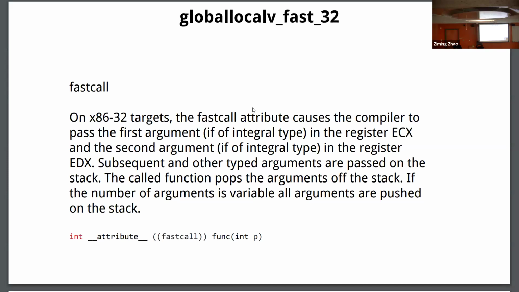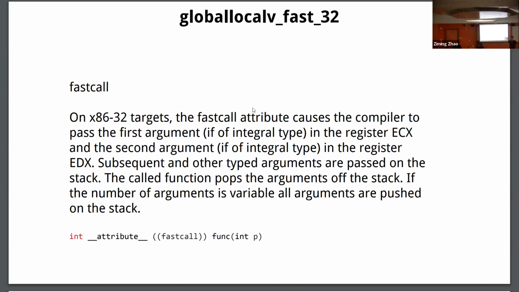We just use registers to do that, right? The register is part of the CPU. Memory is outside the CPU. It can be 100 or 1,000 times slower than directly accessing a CPU. So in 32-bit x86, the fast call convention will ask the compiler to pass the first argument using the register ECX, and the second argument using the register EDX.